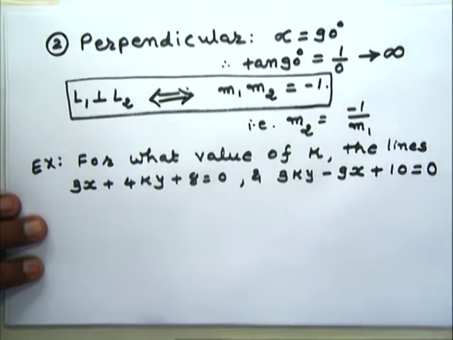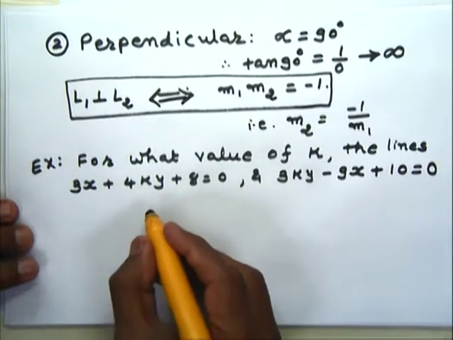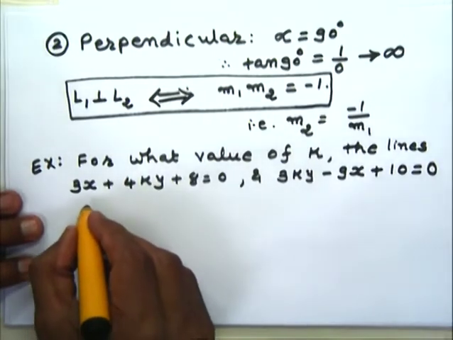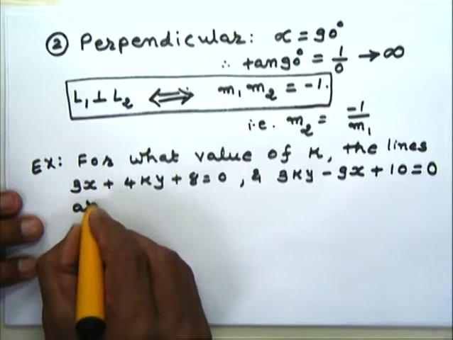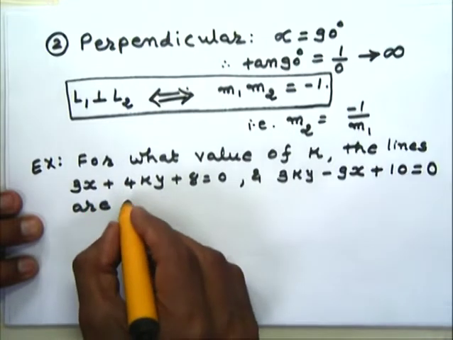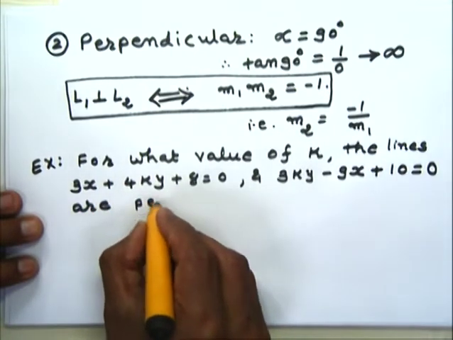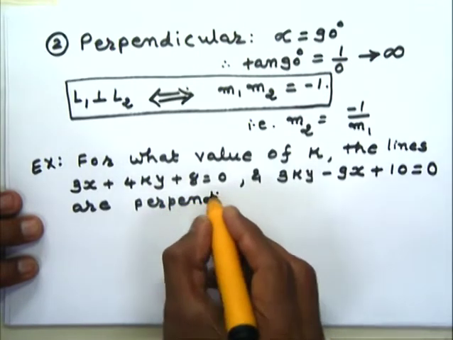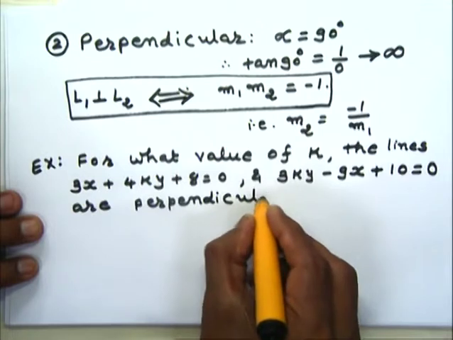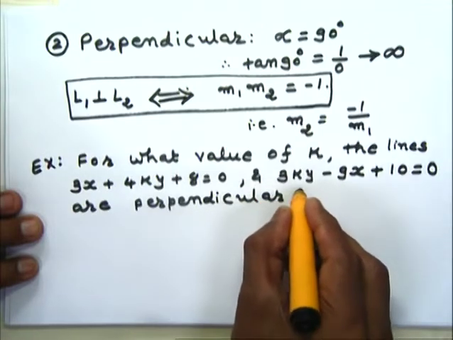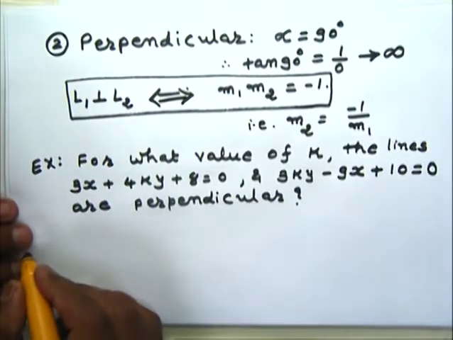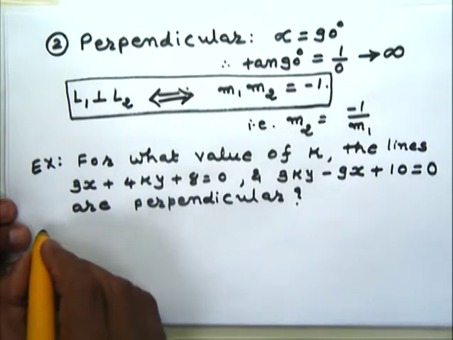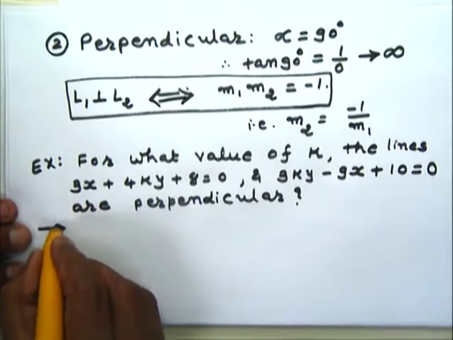What is that value of k for which these two lines are perpendicular? So this is the question. For what k the lines are perpendicular?